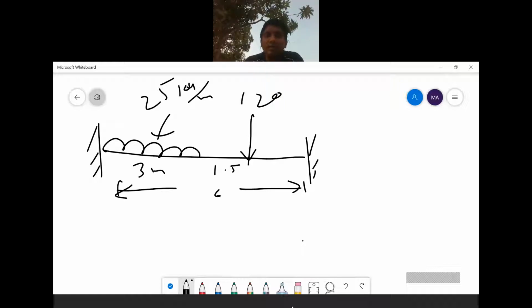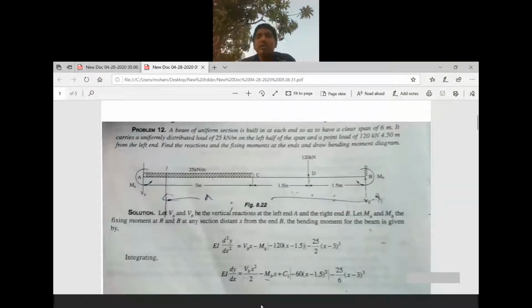So he has given a fixed beam, and here you have to find the reactions and fixing moments at the ends and draw the bending moment diagram. In the previous problems, you directly considered the fixing moments MA and MB, calculated the support reactions and moments, and then drew the shear force and bending moment diagram.